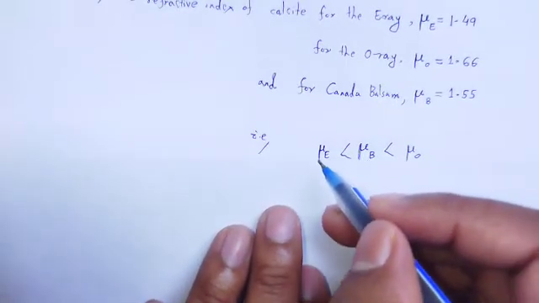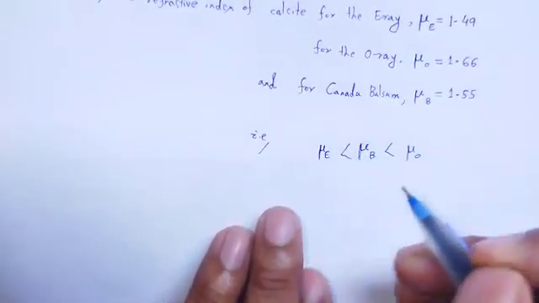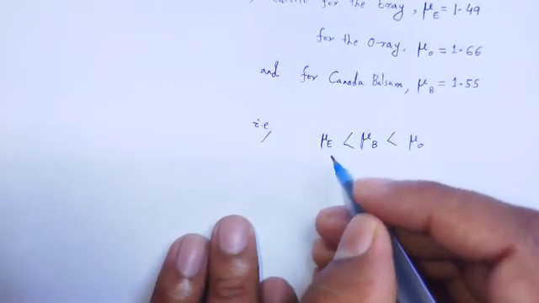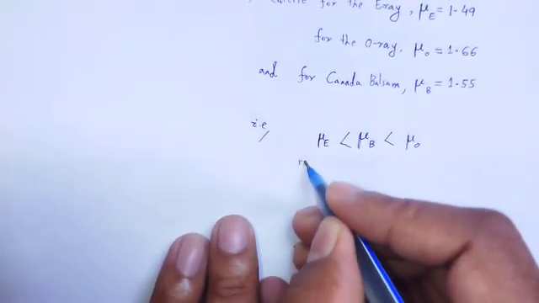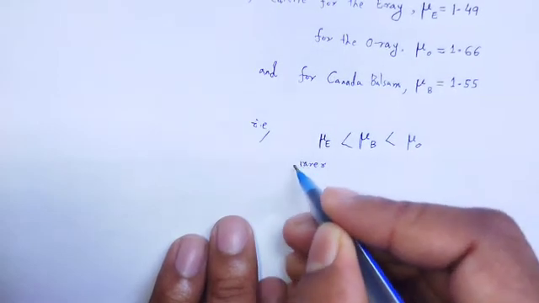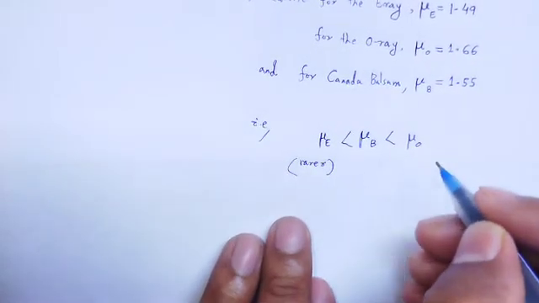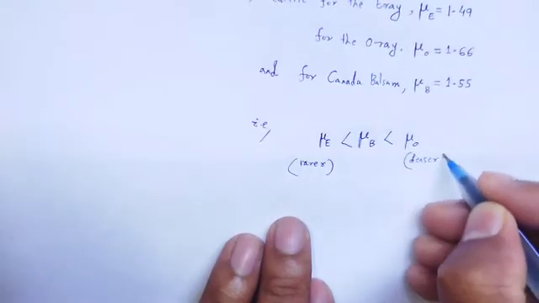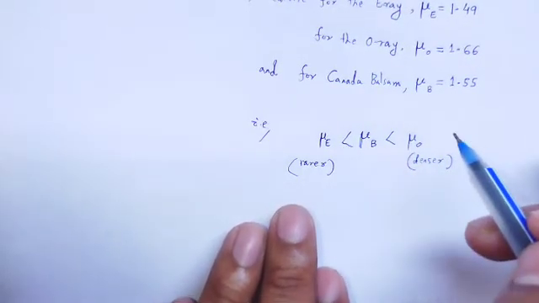So on the basis of refractive index we can say the E ray is rarer and the O ray is denser as compared to the Canada balsam.